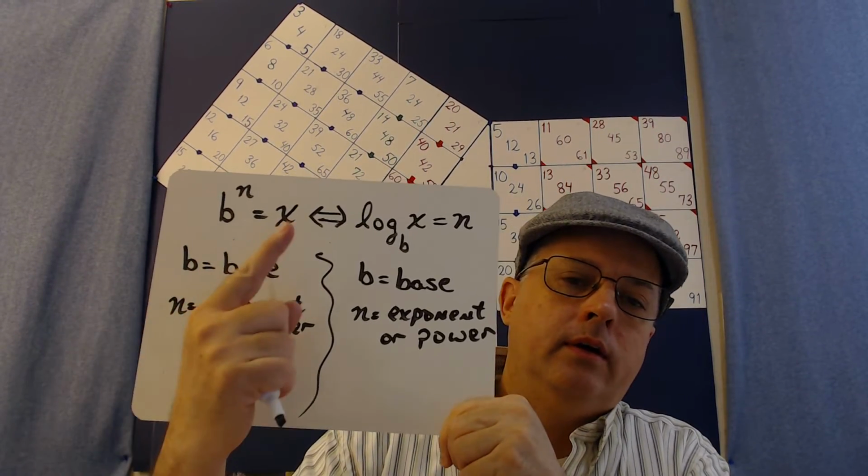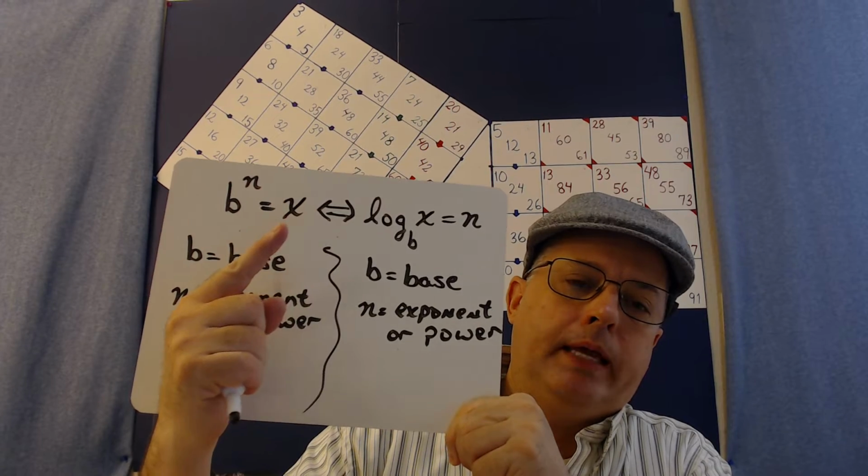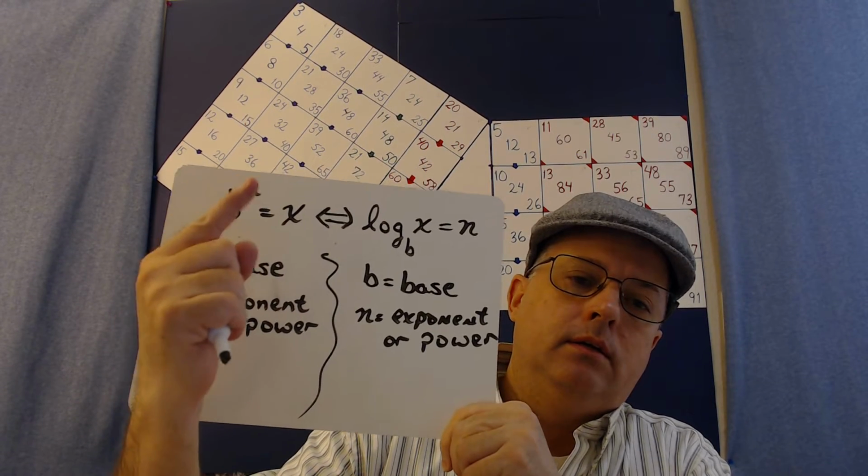And now here, x is the result that we get when we raise b to the power n. And so we call x the result.